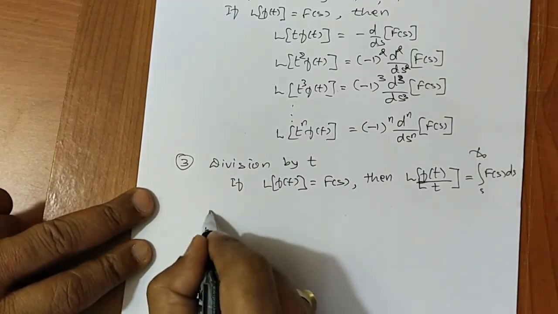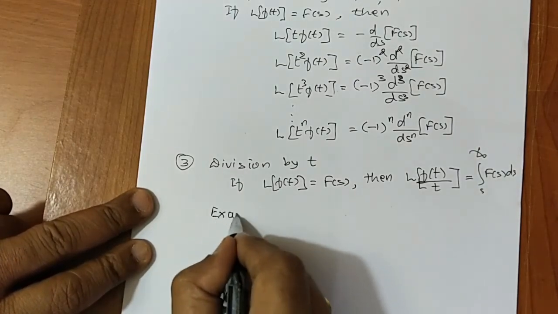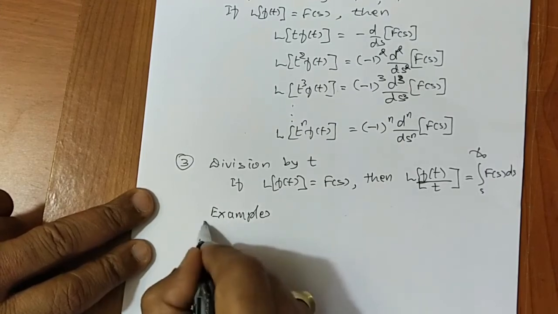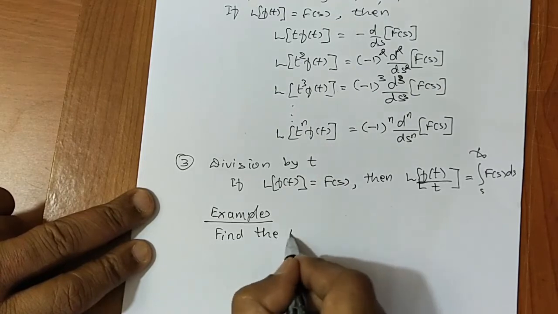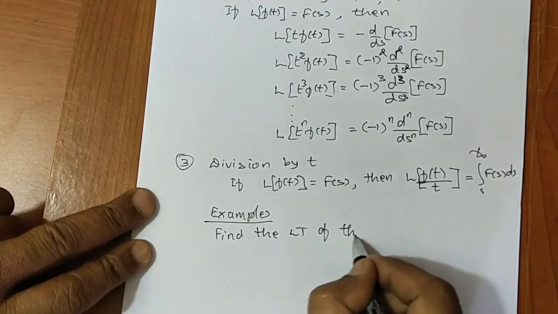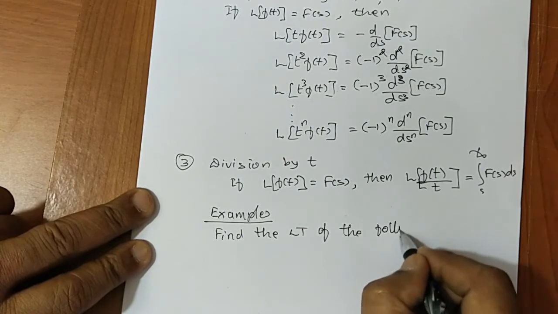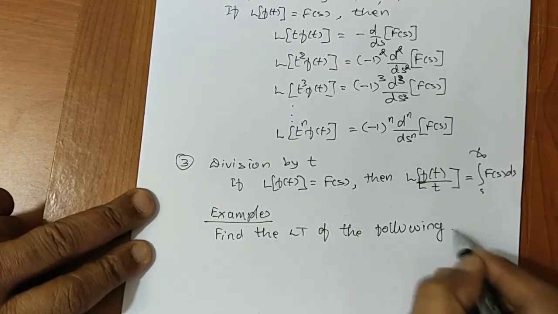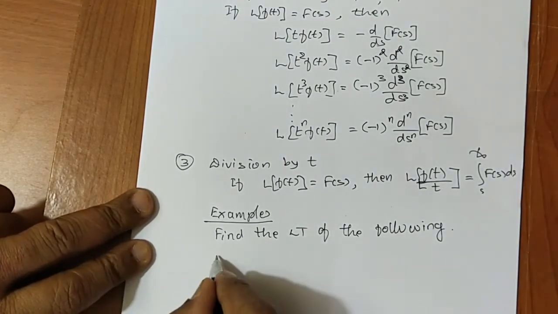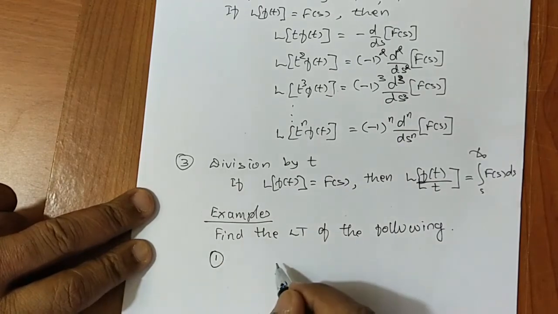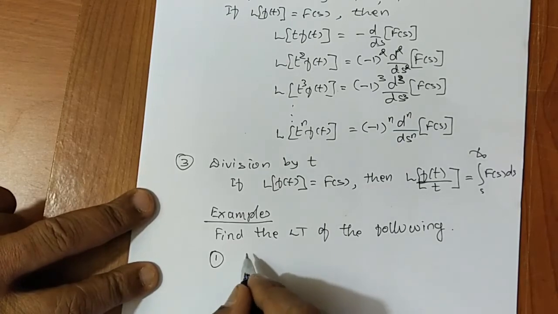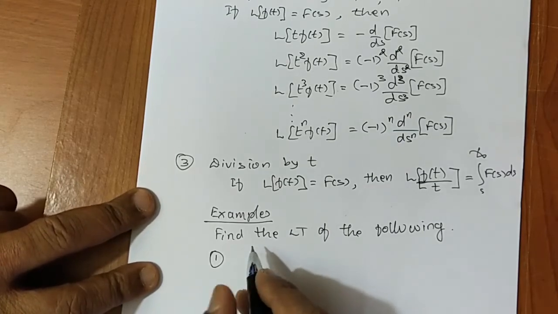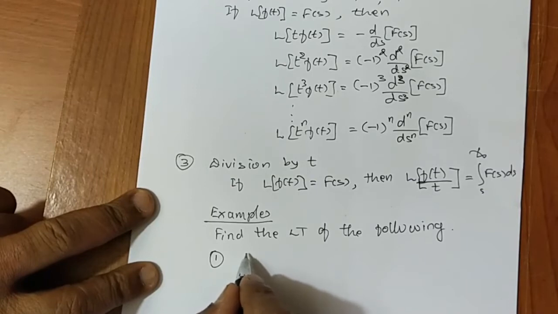Example: find the Laplace transform of the following. The first problem we considered was sine t sine 2t by t. In the previous class I considered sine 2t by t. If it is sine hyperbolic, it becomes very simple.